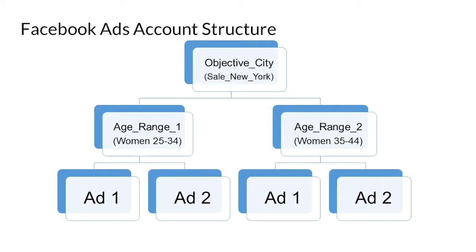So you'll create a campaign with the name sale underscore New York, and you're targeting two audiences. So you will have two separate ad sets. In each ad set, you can have multiple creatives of different formats targeting the same audience.